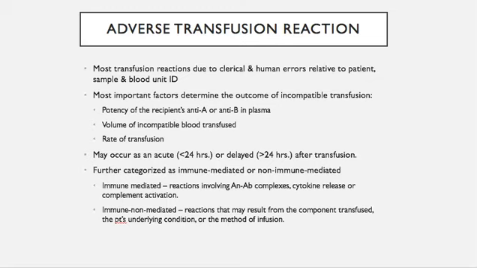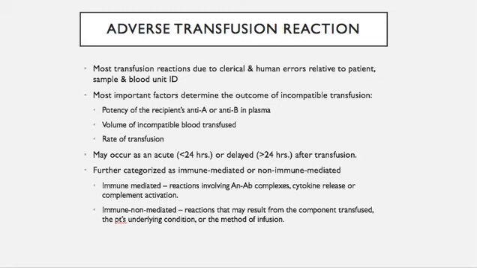The most important factors that determine the outcome of an incompatible transfusion are the potency of the recipient's anti-A or anti-B in their plasma. So if that patient has naturally occurring anti-A or anti-B in their plasma, how strong is that antibody? How strong of a reaction can it have with its intended antigen?